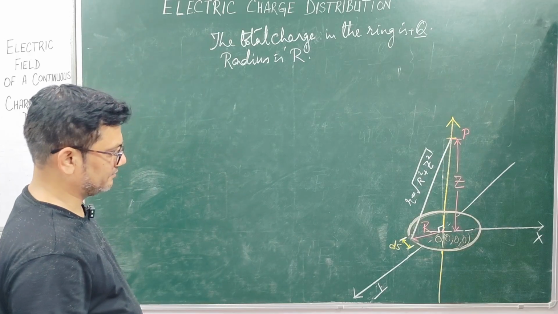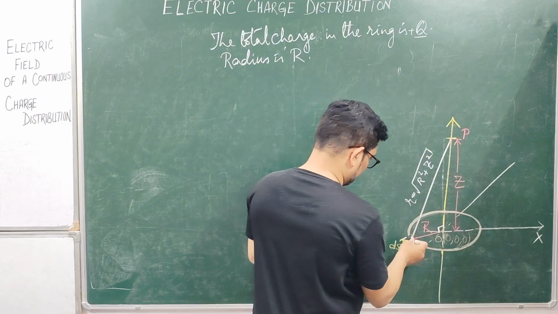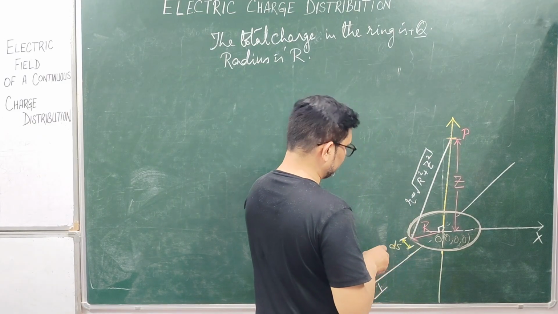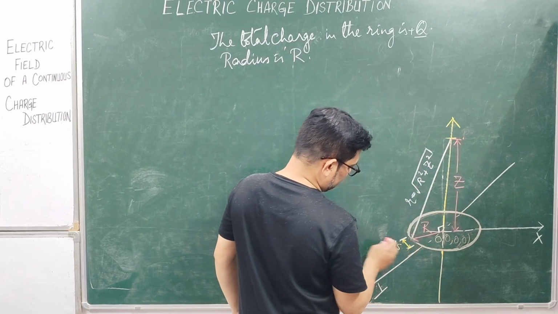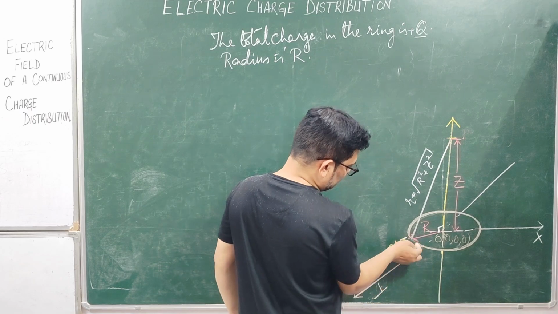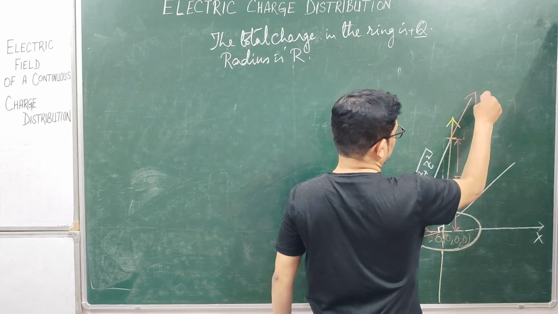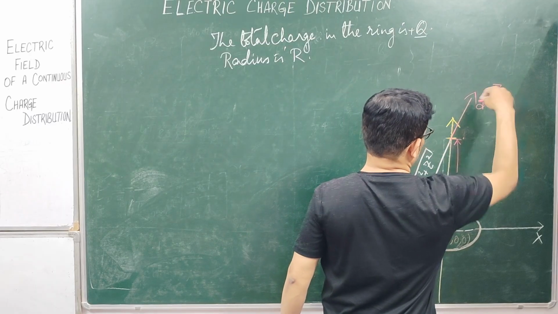So one thing is clear, that if this is the situation, then because of this elemental part of this ring, charge part of the ring, the direction of this elemental electric field would be in this direction.